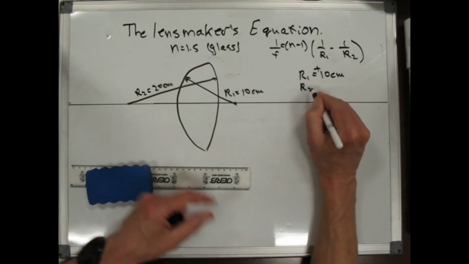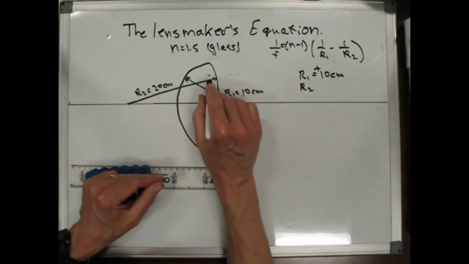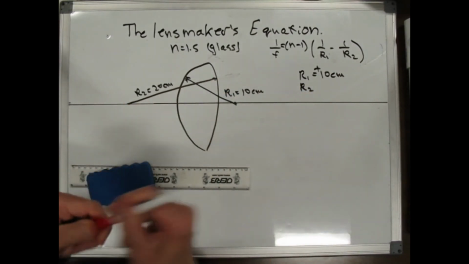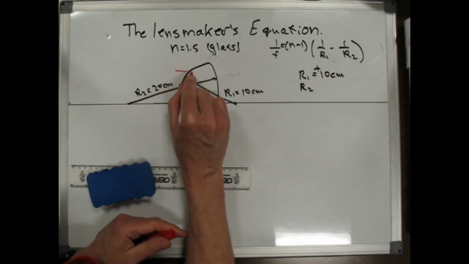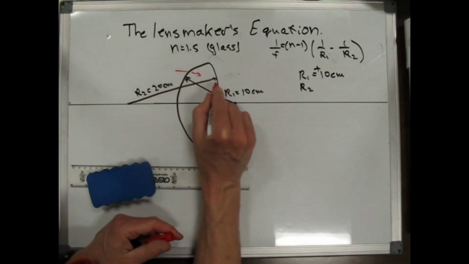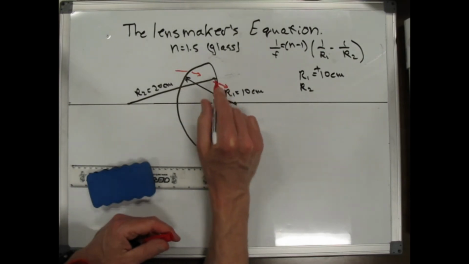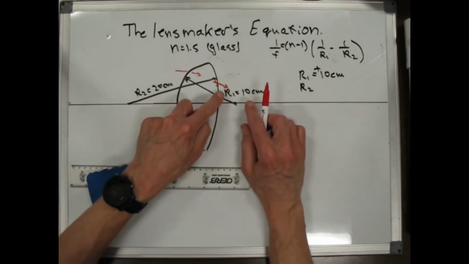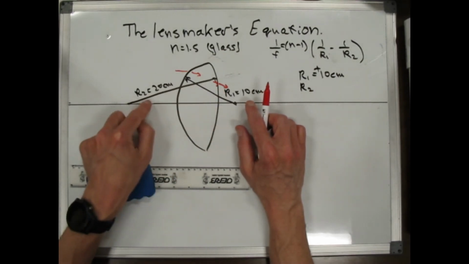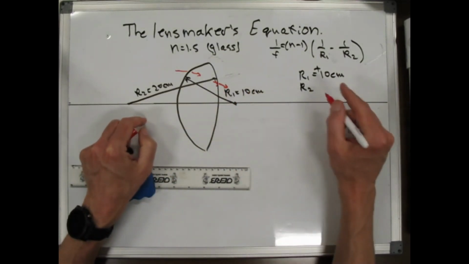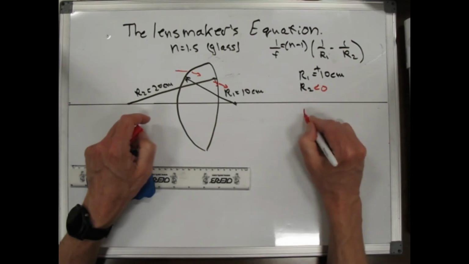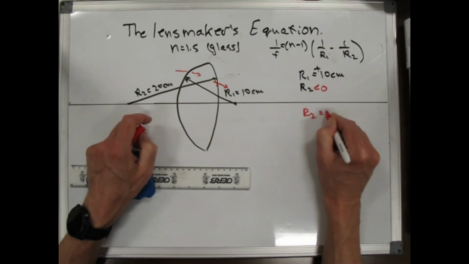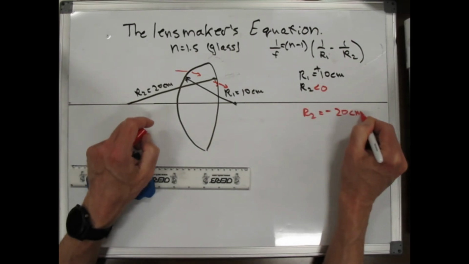And for R2, when a ray comes through here, I'll just draw the rays. Here's a ray coming in that gets bent here. Here's a ray leaving this surface and going off this way. And so this ray is on the opposite side of the center of curvature from this guy, and so R2 is less than 0, and so R2 is equal to minus 20 centimeters.